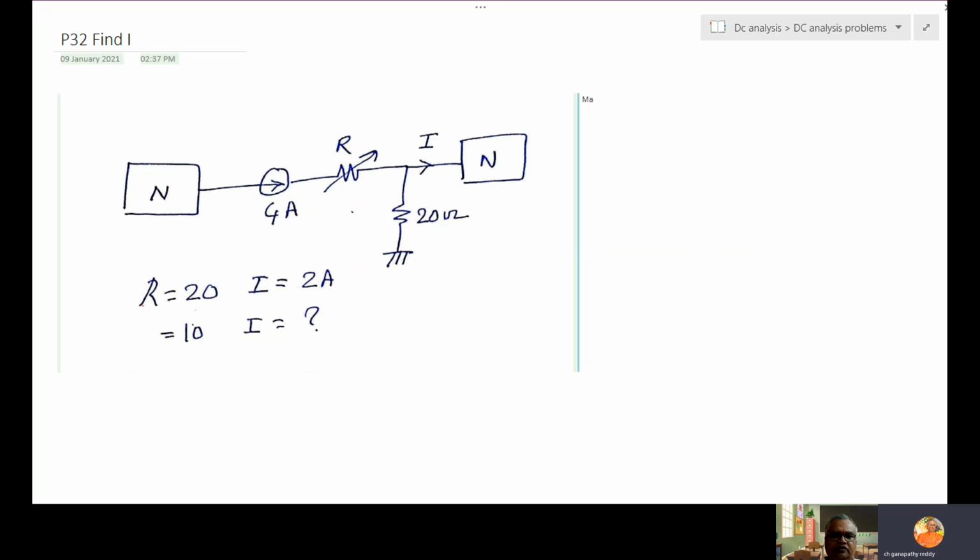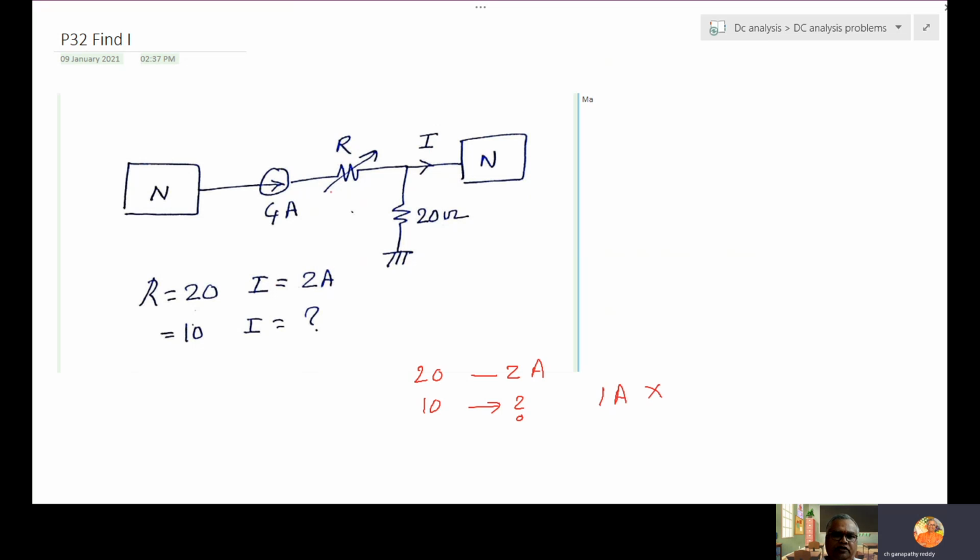What is the given data? When R equals 20, this I is 2 amps. If R equals 10, what is I? The common mistake is this: 20 ohms, 2 amps; 10 ohms, how much? You will get 1 ampere. This is a blunder.